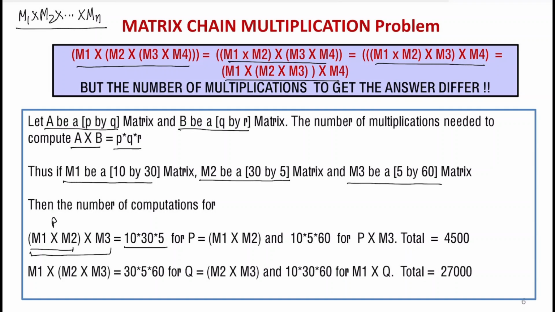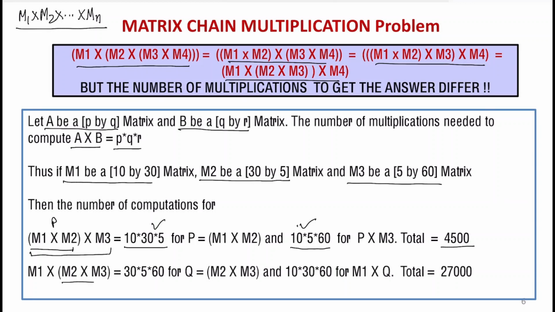And in order to do that, because M3 itself is a 5 by 60 matrix and M1 into M2 will become a 10 by 5 matrix, so it will require an additional 10 into 5 into 60. So the total will be this plus this, which is 4500.